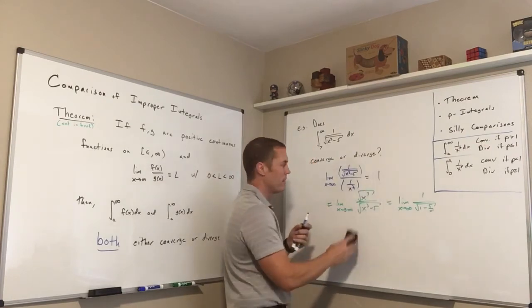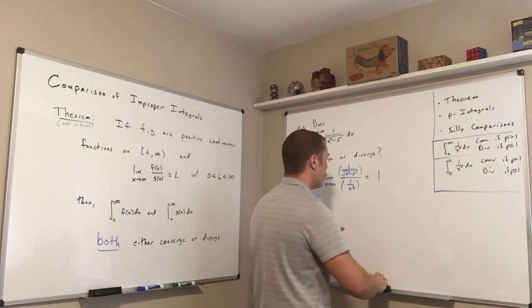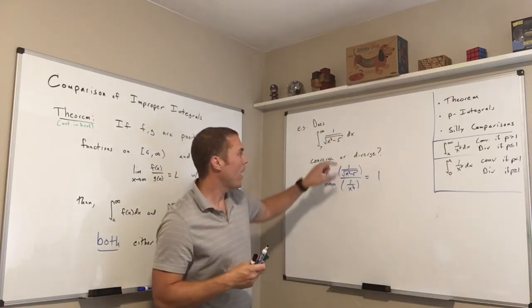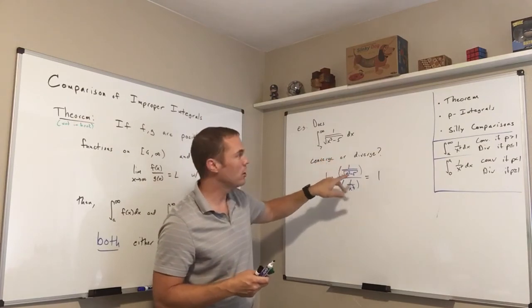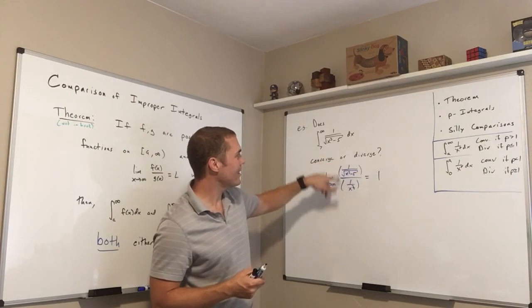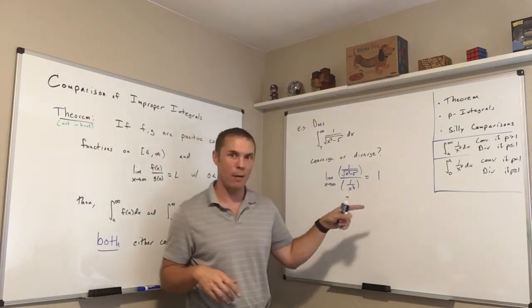So that verifies this. So the key point, we can compare things to rational expressions, looking at any kind of rational function or rational-like function using the p integrals. So the idea was this basically looks like x to the 3 halves. So we'll do the limit comparison of it to actually set this up.